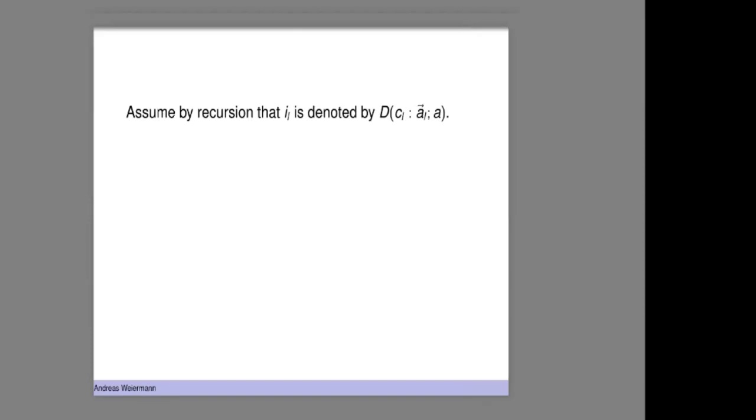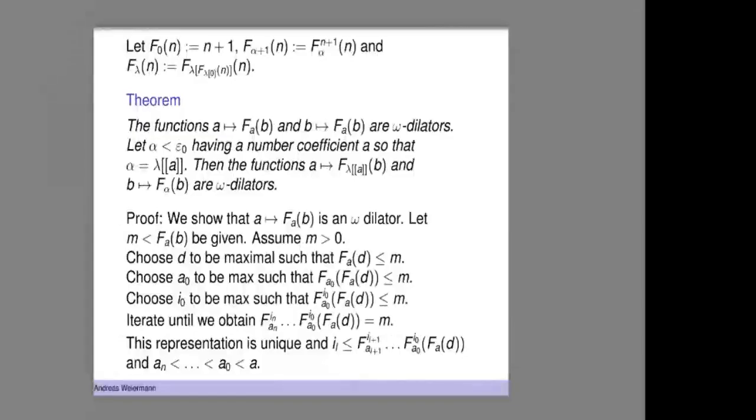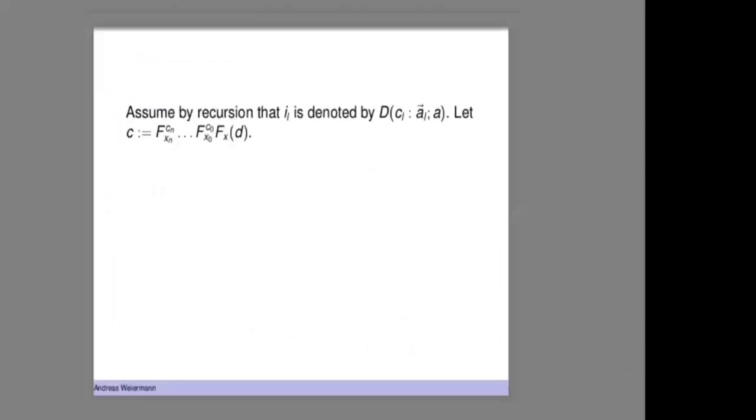Now assume that for the upper iteration indices Il, I have denotations. Then I write down a formal term c, namely I use my term for m, which is in the third line, and I plug in variables for the a's.